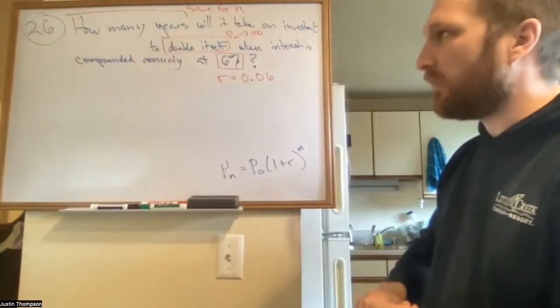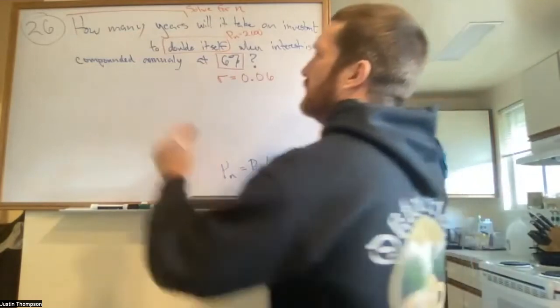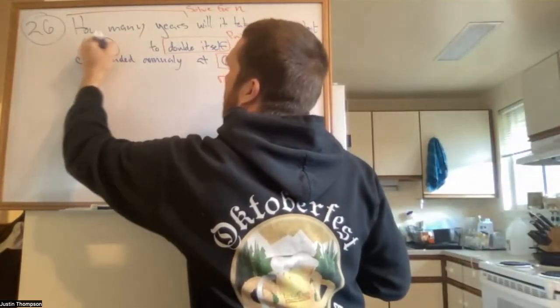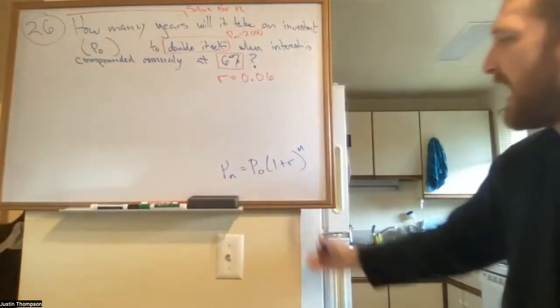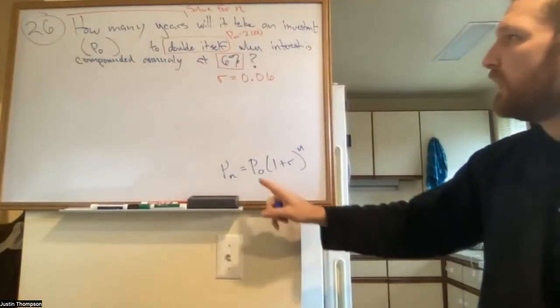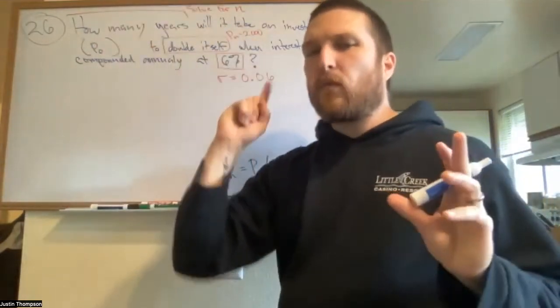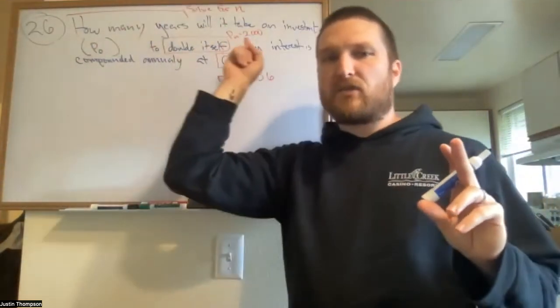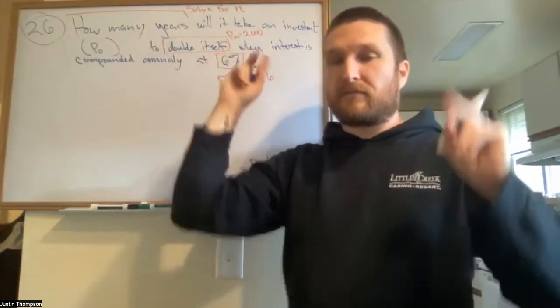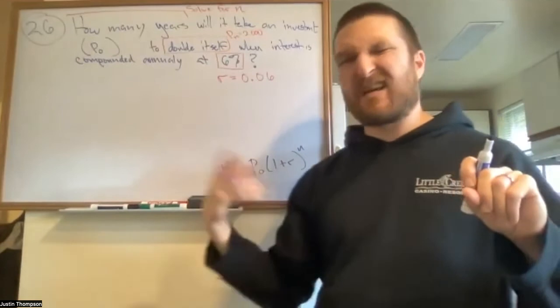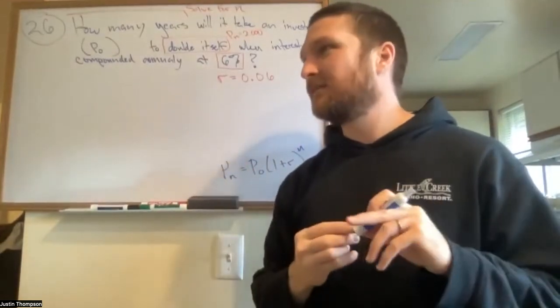Let's just call that initial amount P0. Well, if it were $100, how much would the output be for double itself? What's double 100? 200.